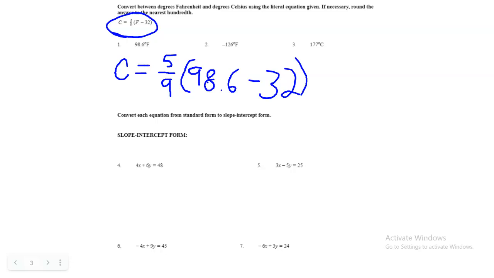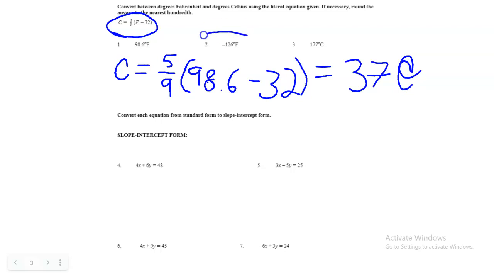If I pull out my calculator, for that one I get, and tell me if you get the same thing, 37 degrees Celsius. Oops, that's supposed to be a C.